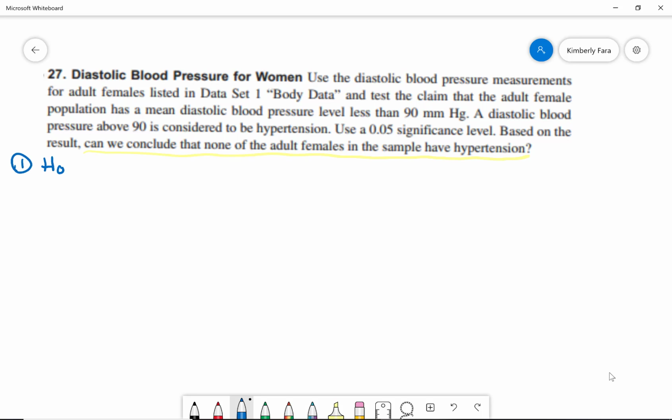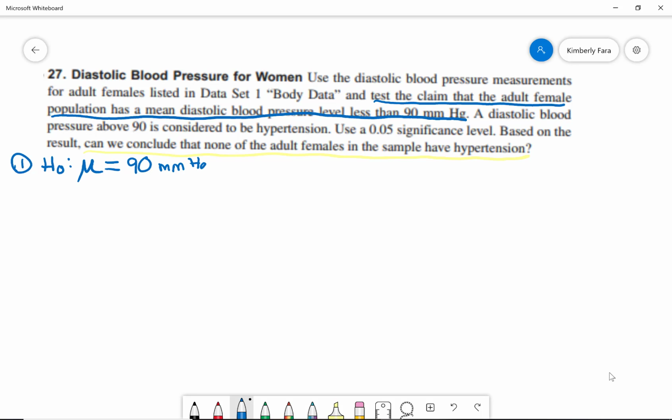Our null hypothesis is that the mean, and you always use mu, remember your hypotheses are always written in terms of parameters, we want to test the claim that the adult female population has a mean blood pressure less than 90, but remember in our null hypothesis, it's always an equal to statement.